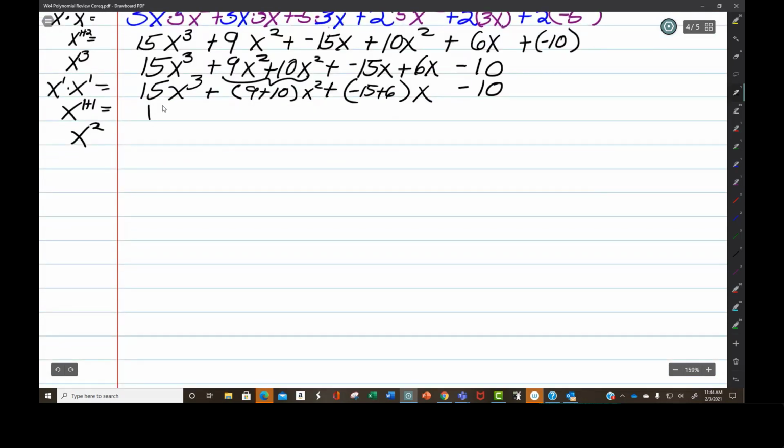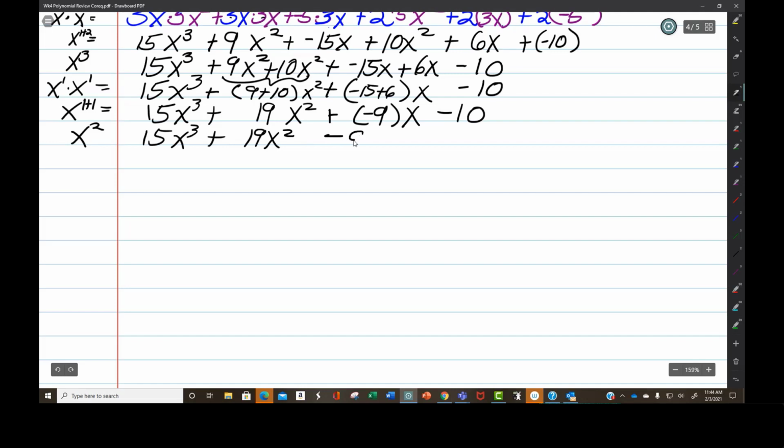Yay! 15x to the 3rd plus 19x squared. All right, plus negative 15 plus 6 is negative 9x, minus 10, and then finally 15x to the 3rd plus 19x squared minus 9x minus 10.